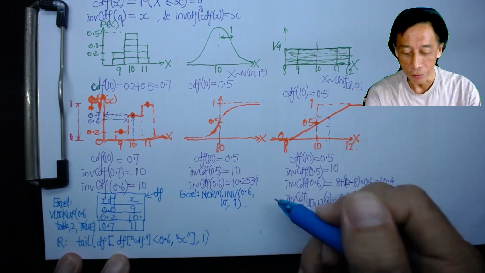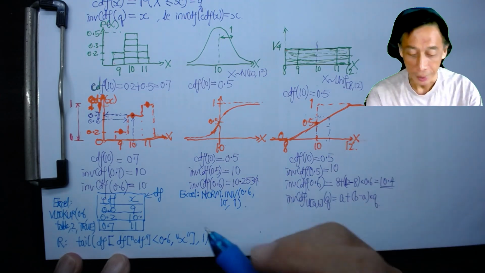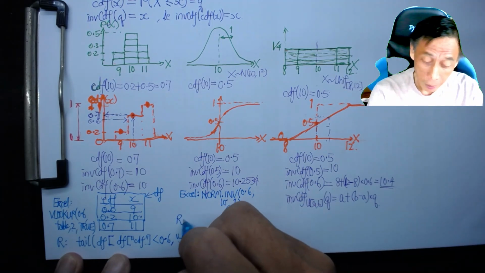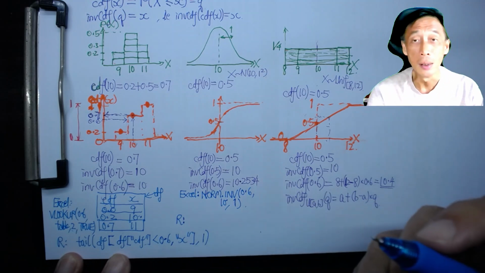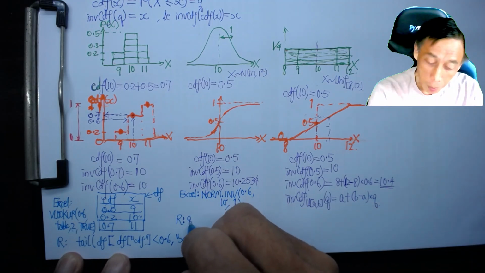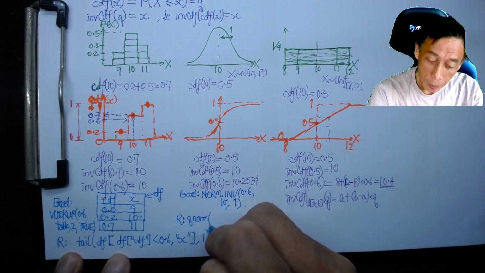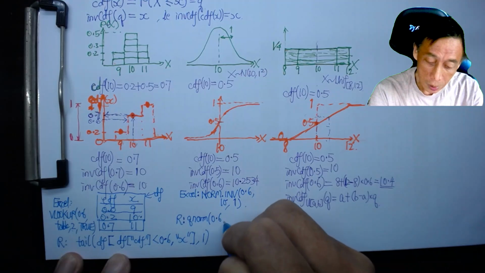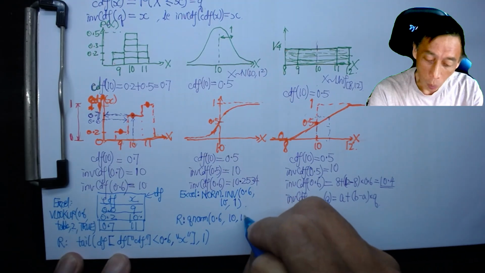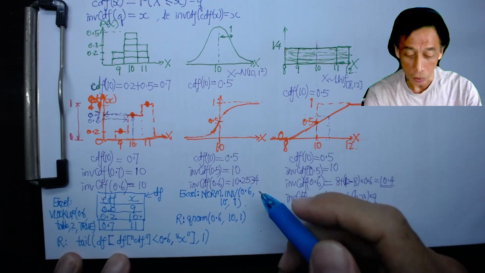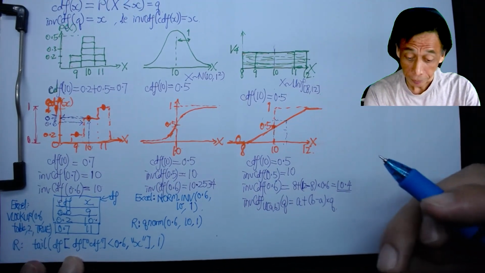So norm.inverse will give us the answer right away. In R, we also have a similar function, that's qnorm. So we just enter 0.6, comma, 10, comma, 1, finish. So again, it's going to give us the same value.